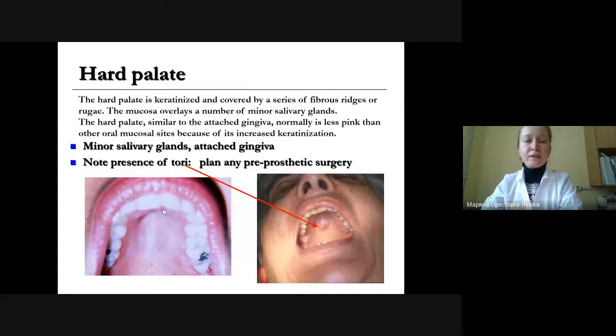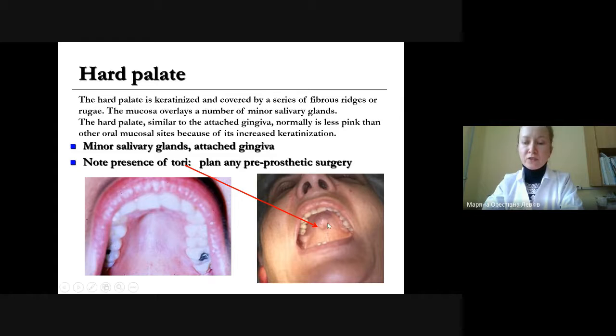Another entity that is examined, it is hard palate. The hard palate is keratinized and covered by a series of fibrous ridges, rugae. The mucosa overlays a number of minor salivary glands. The hard palate, similar to the attached gingiva, normally is less pink than other oral mucosal sites because of its increased keratinization. Here it is distributed minor salivary glands.